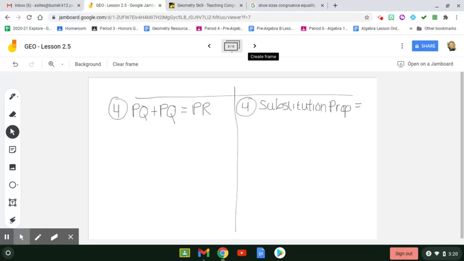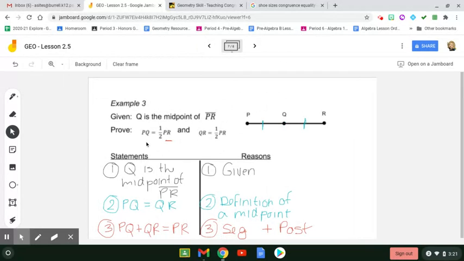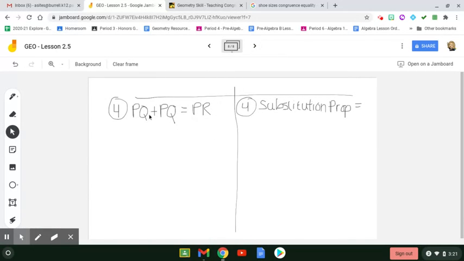All right, so now let's start thinking about this. I'm eventually trying to prove that I have PQ, PR, and somehow a half has to be involved somewhere. Well, I have PQs, I have PRs, so let's see if I can simplify anything here. Let's think back to some algebra.